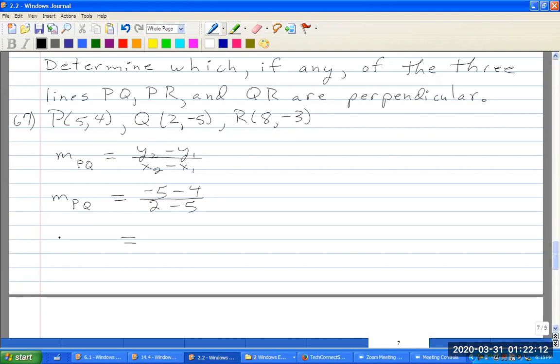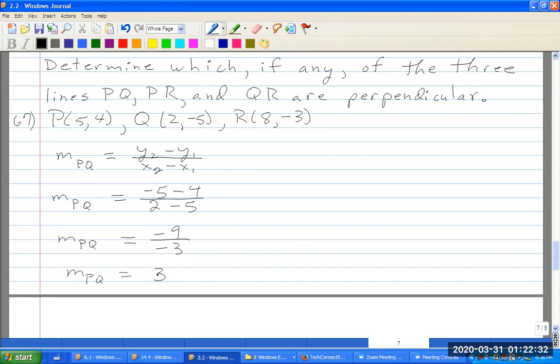So I get the slope of the line through PQ is -9 divided by -3, which is a +3.